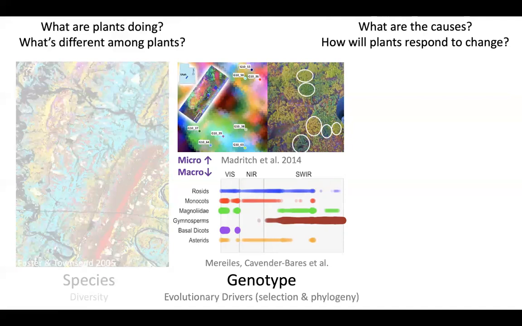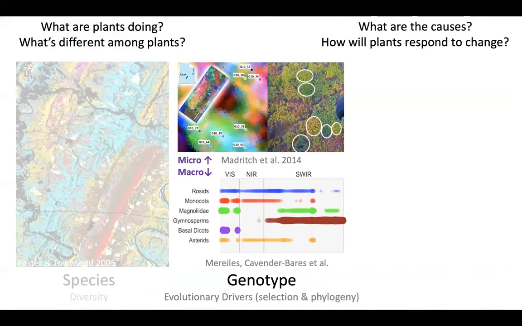But Dudu in his work has actually shown that a lot of the spectral characteristics of different groups of plants has been conserved or not conserved evolutionarily. And so there's actually an evolutionary signal in the spectra among these different groups.